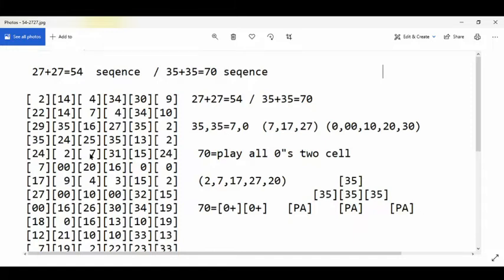You're still going to be playing out all these options, 7, 17, and 27. You'll hit on one of those, definitely. Now you hit on 7. So in this environment where you have 35 plus 35, you know you're going to have to play out two 70s here. These two cells are reserved for this cell because they're going to have to form two 70s like it did here.